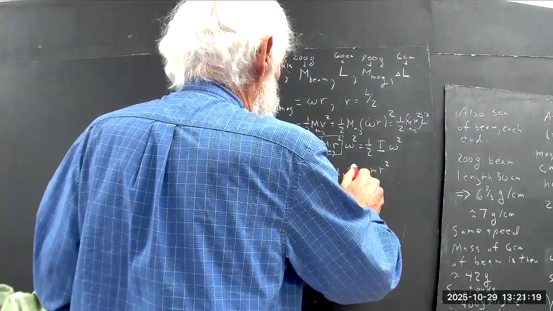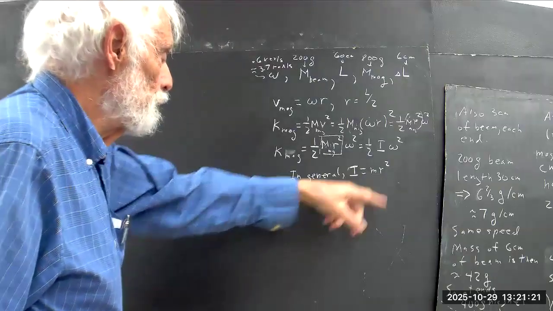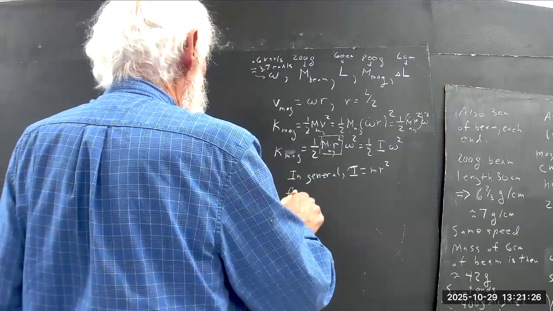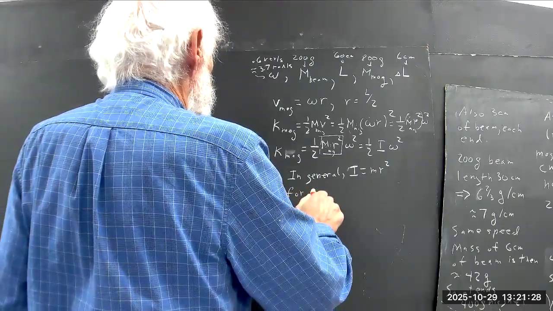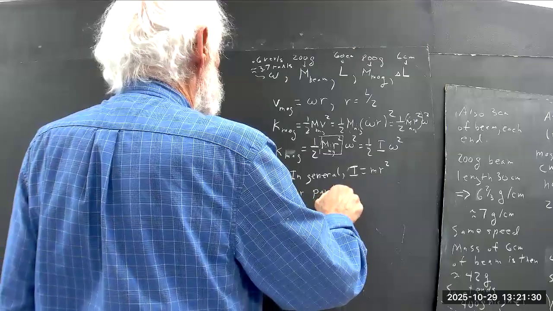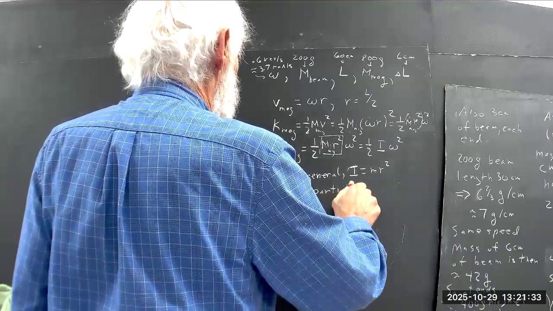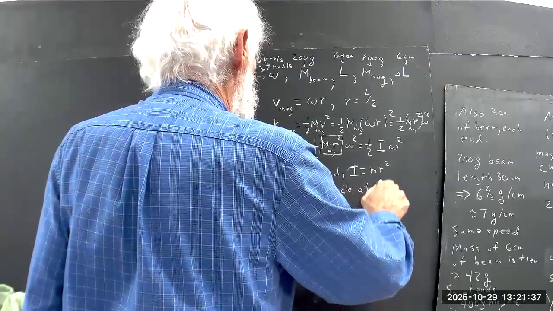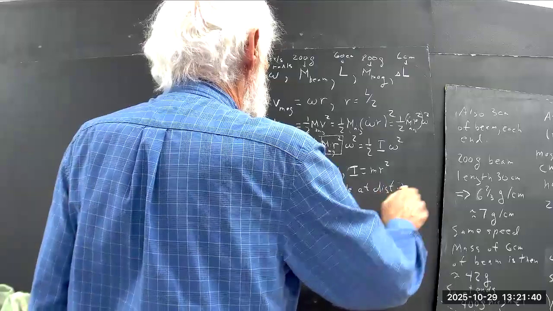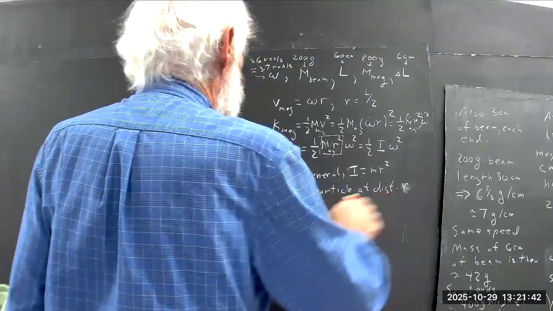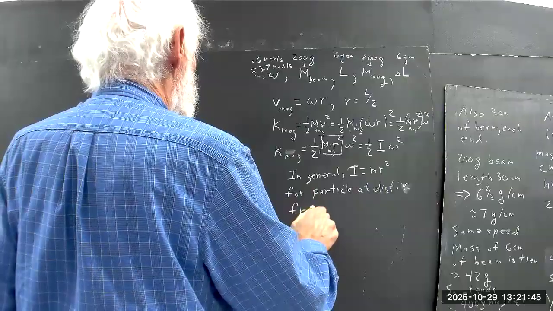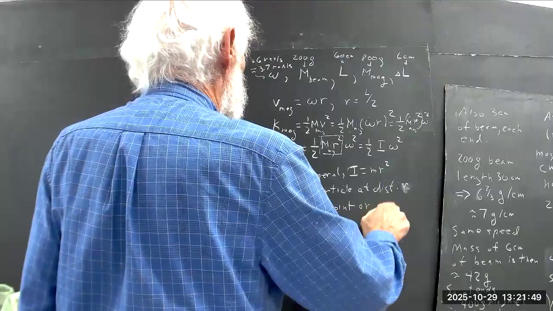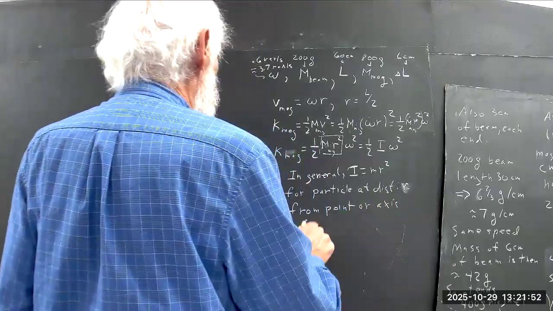Okay, so I equals mr squared for a particle, which is like a point mass, at distance r from the point or axis of rotation.